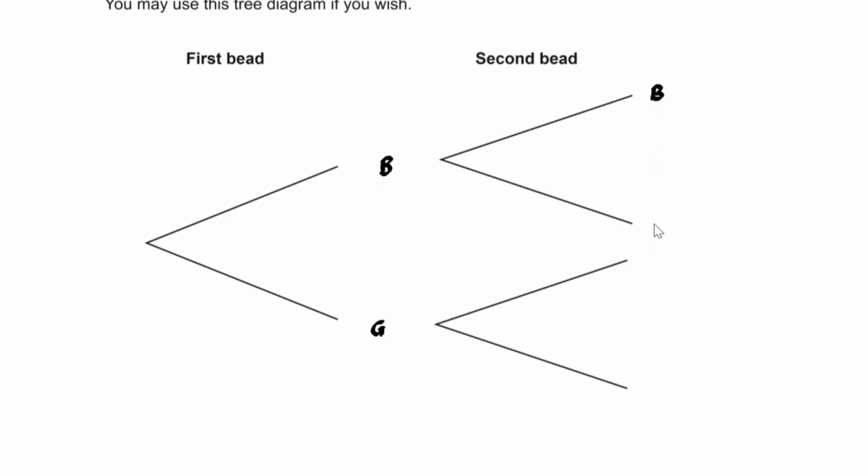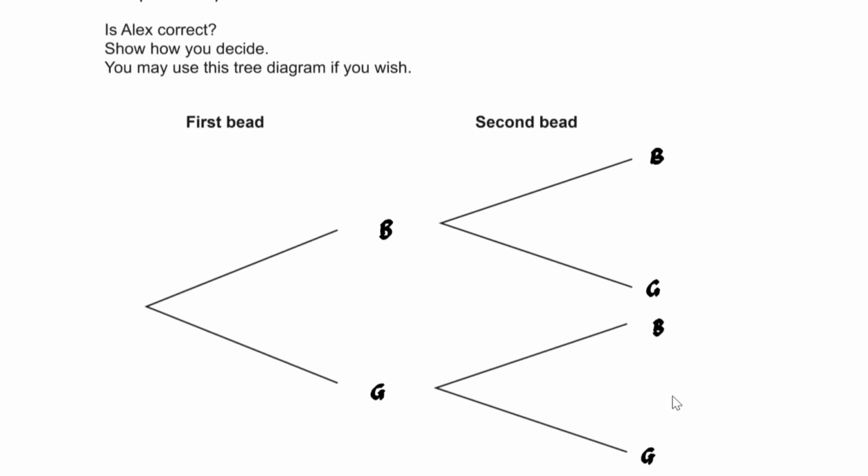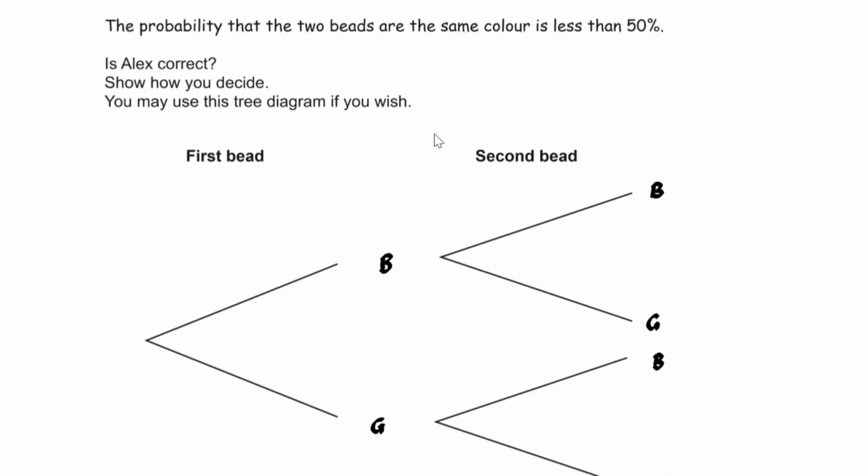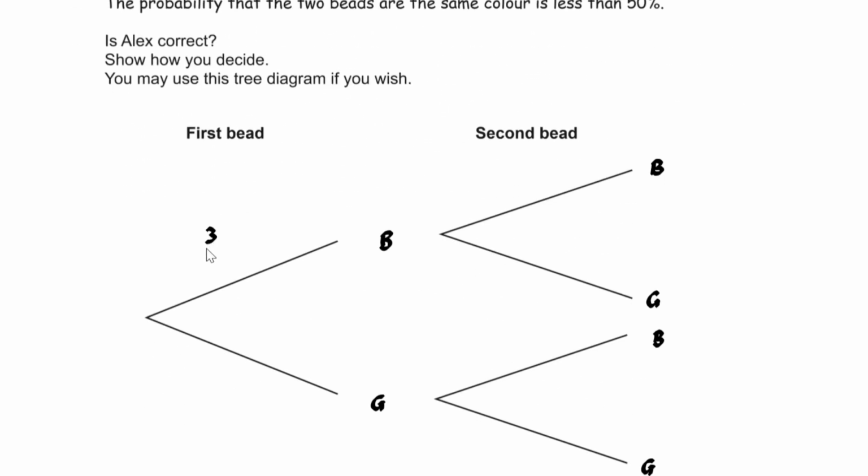So we've got blue, green, blue, green. Now what we are looking for is the beads being the same colour. So we've got 3/8 which are blue, which means 5/8 are green.